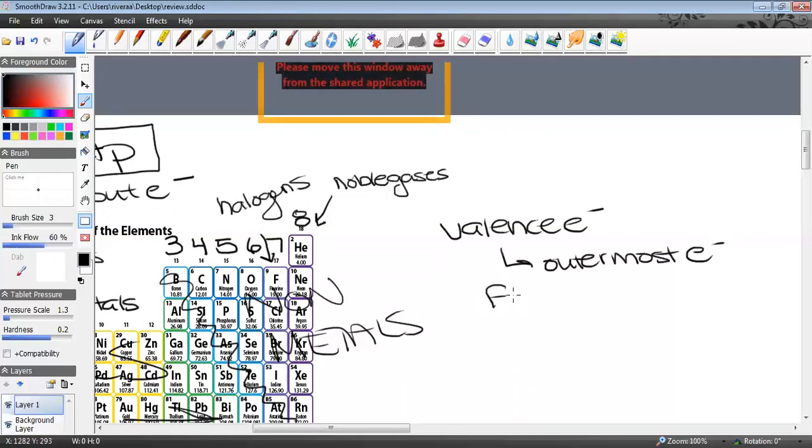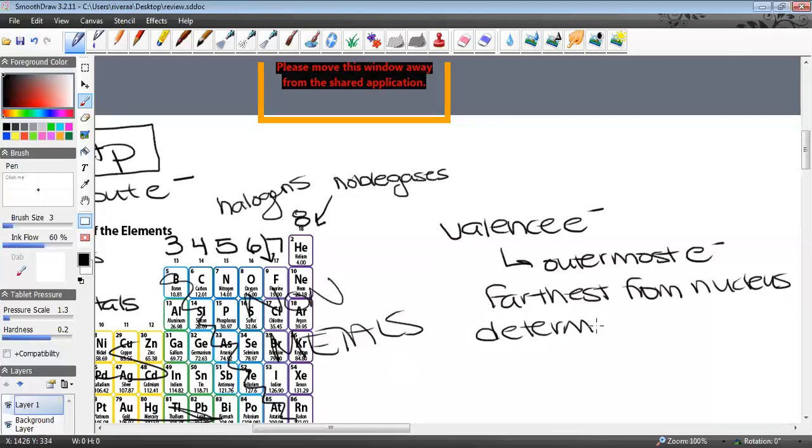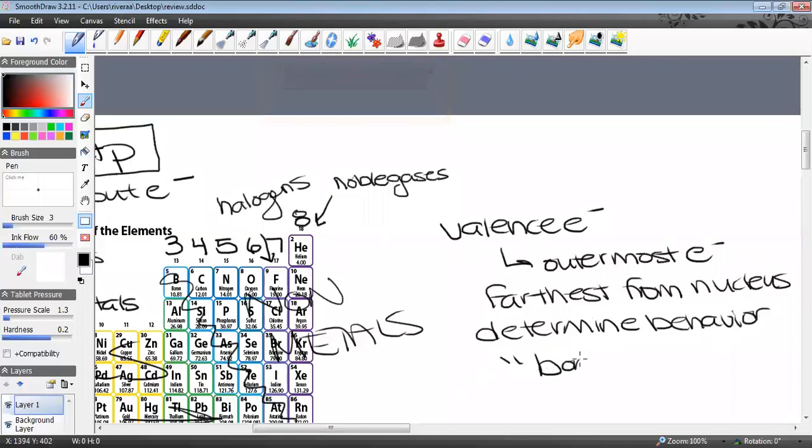They are farthest from the nucleus. And we care about them because they determine behavior and bonding, like how the element bonds with other elements to make compounds.